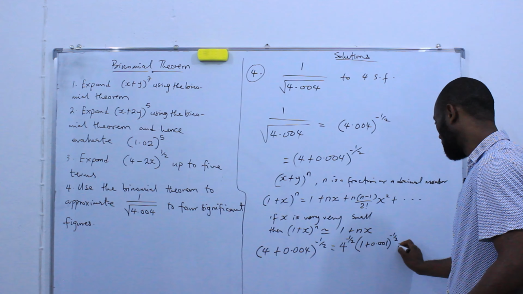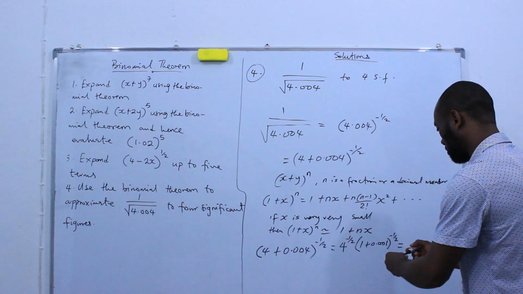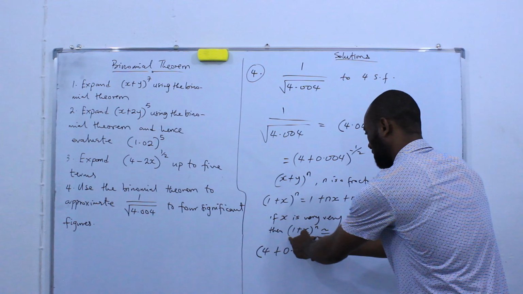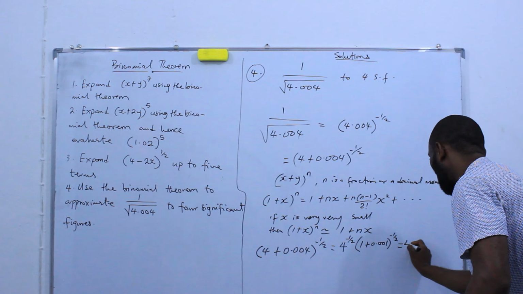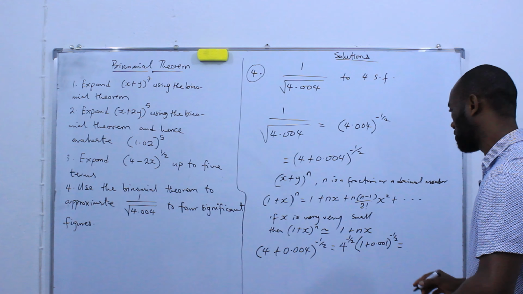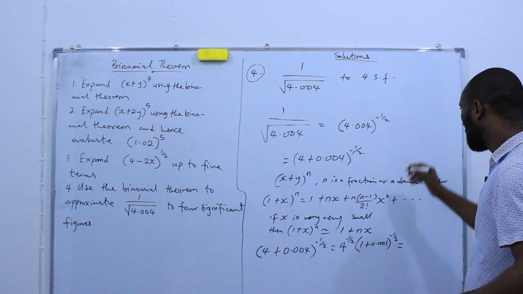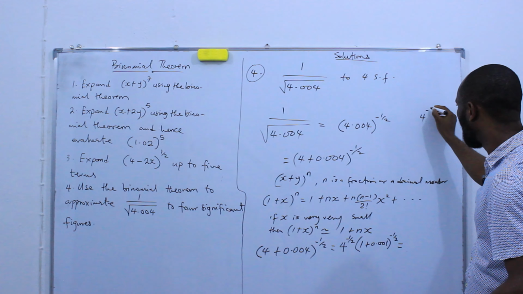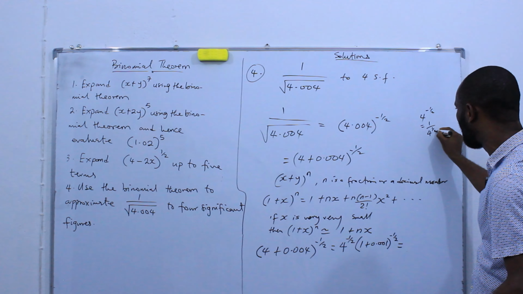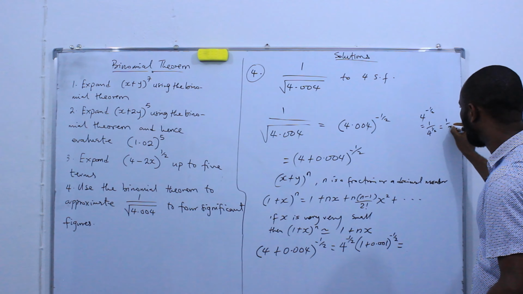Now, we're going to have 4 raised to the power minus half. 4 raised to the power minus half is what? It is the same thing as 1 over 4 raised to the power half, and 4 raised to the power half is 2.